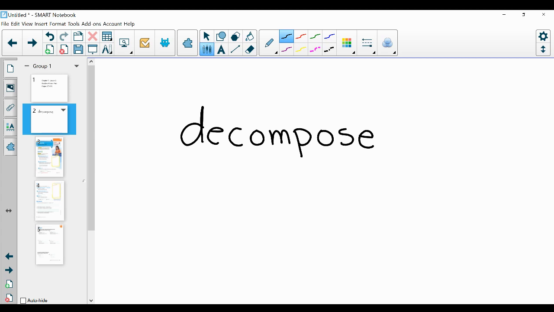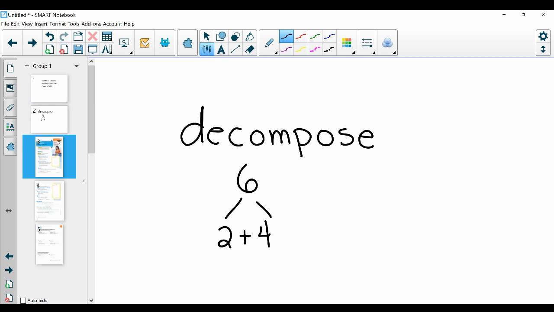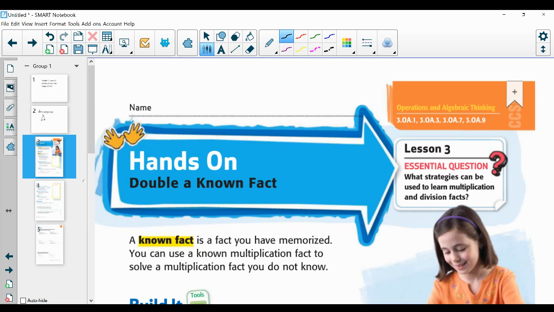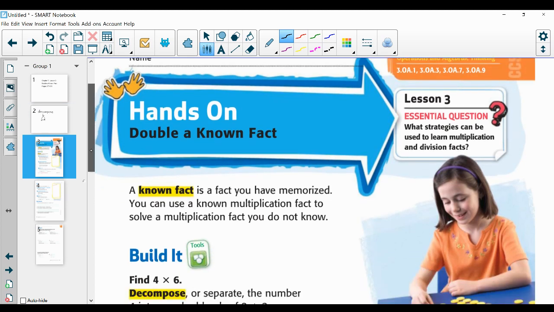For example, 6. 6 is the same as 2 plus 4, and multiplying by 2 and by 4 is easier than multiplying by 6. So when you can decompose 6 into 2 and 4, okay, let's begin this lesson with that word decompose in mind, breaking numbers apart.